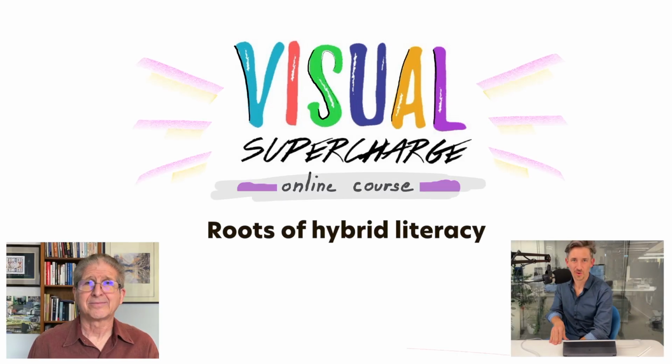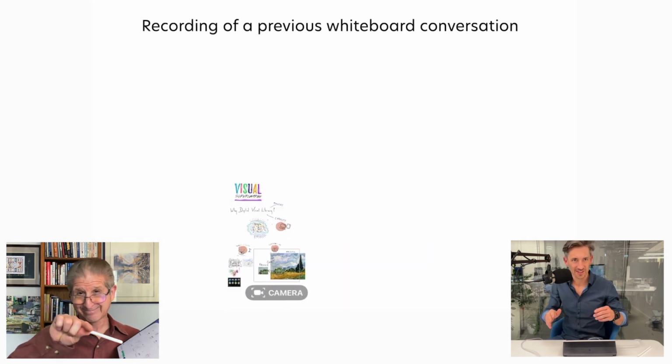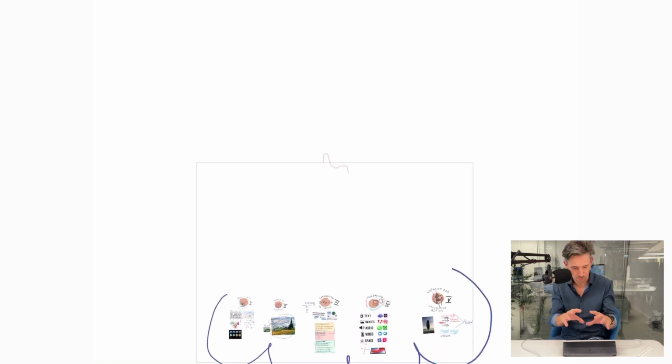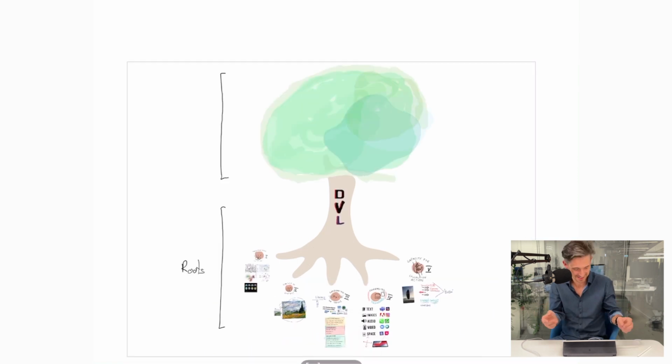Welcome back. We actually just had a great conversation with David about digital visual literacy. What I like about this conversation, David, is that we arrive at this model, this visual representation of our conversation, which is a tree.